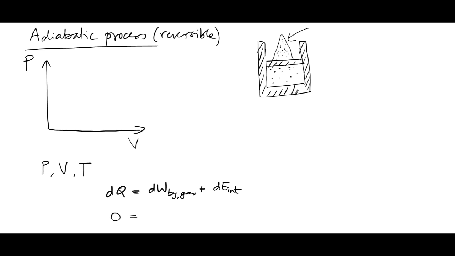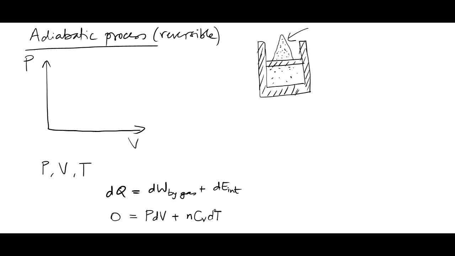Likewise, the work done by the gas on the surroundings in a small step is nothing but P times dV, where P is the pressure of the gas and V is the volume, so dV is the change in volume. And finally, the change in the internal energy of the gas is going to be the number of moles of the gas times the molar specific heat of the gas at constant volume times the change in the absolute temperature.